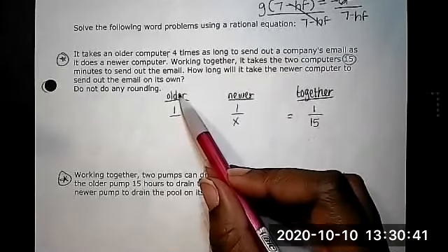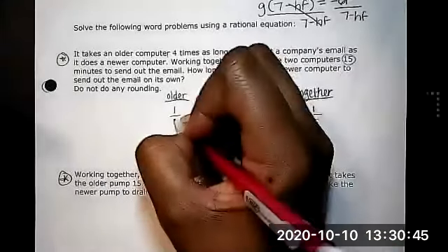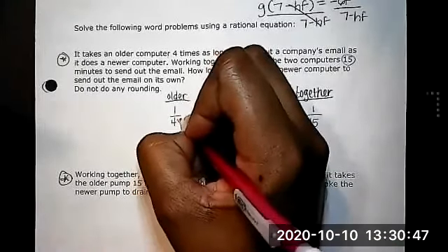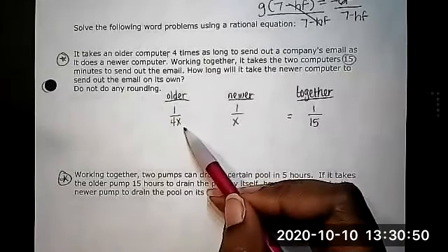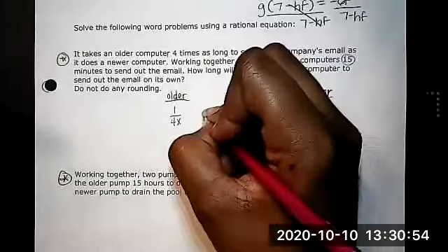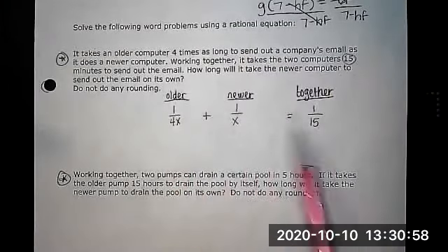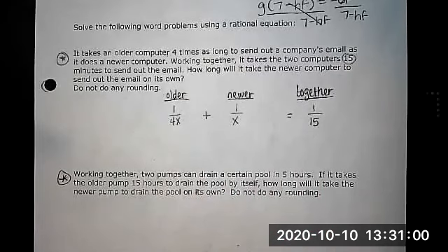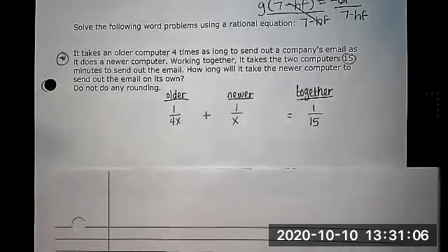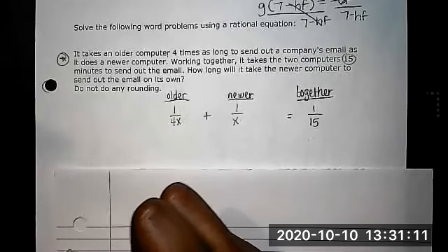But for the older computer, we know that it takes 4 times as long, so it's going to be 4 times whatever the newer computer takes. So this is basically the equation, and you will see this over and over and over again. That is the equation we're going to work out when we solve the problem for X. I'll go ahead and write this here so I'll have a little bit of room.